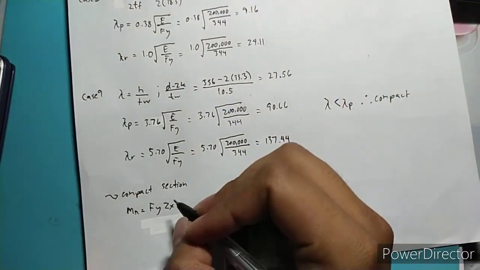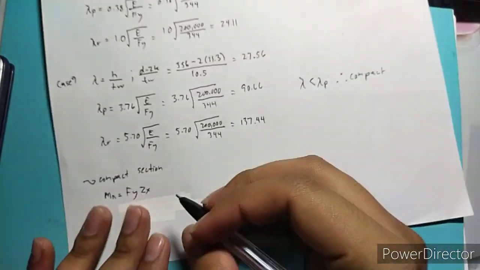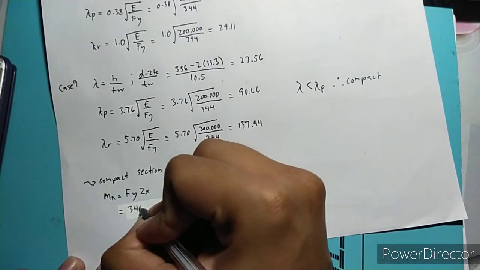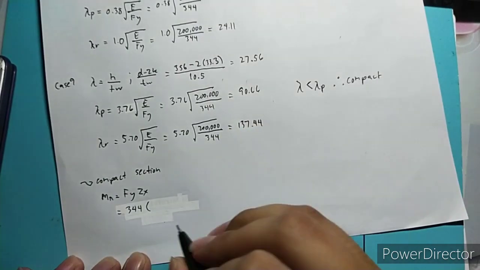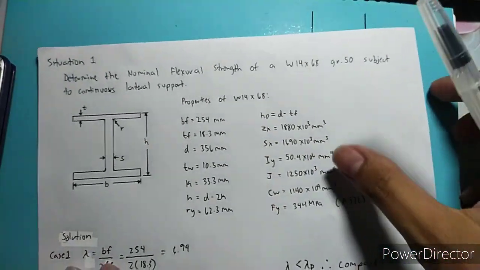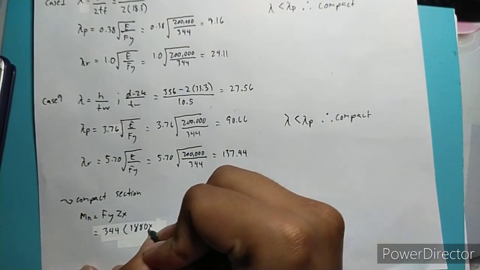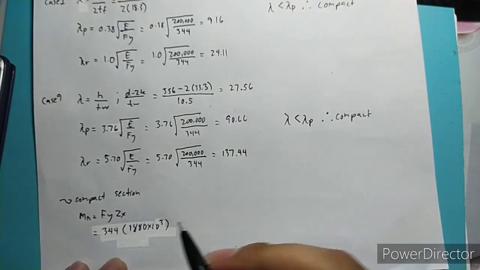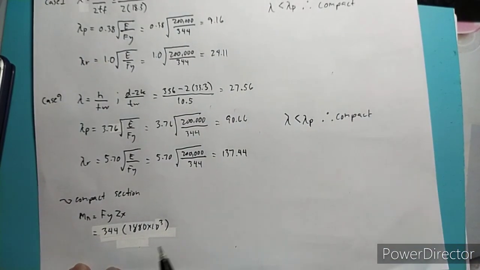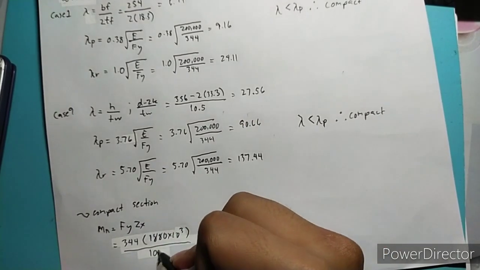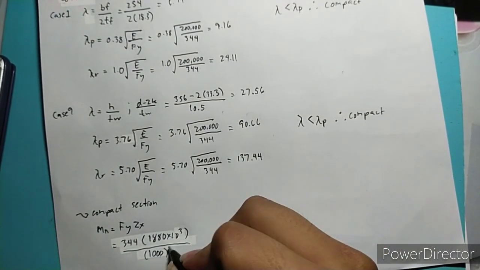By substituting the values, Fy is 344 MPa and Zx is 1,880 times 10 raised to 3. We will make the answer in kilonewton meters, so we divide by 1,000 squared.